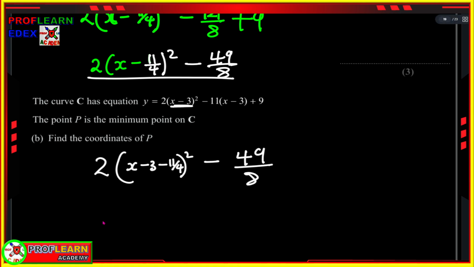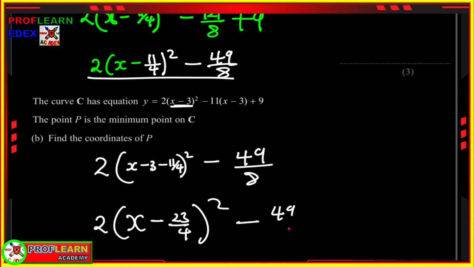So that will translate to 2 into x minus 23 over 4 squared minus 49 over 8.